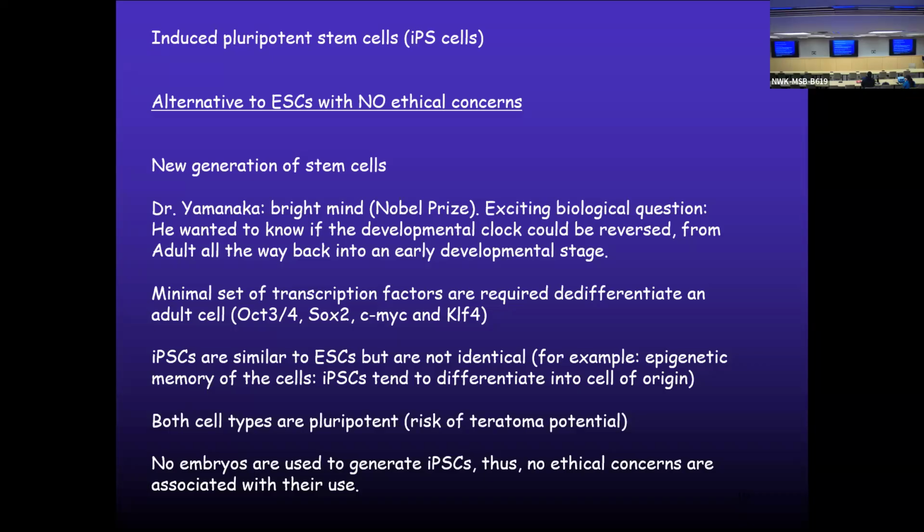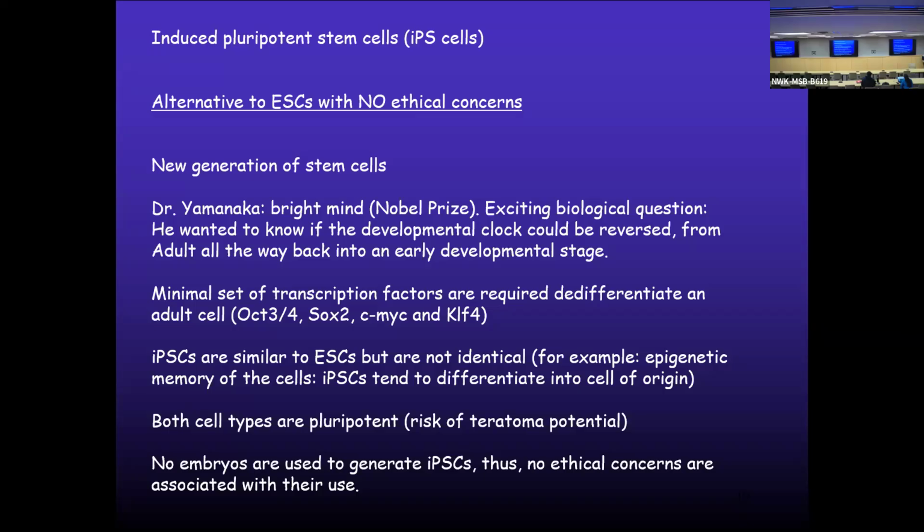So by doing this, he got stem cells that were similar to embryonic stem cells, but they were not embryonic stem cells because he didn't use any part of an embryo for this. He didn't sacrifice an embryo. He just converted one adult cell into an embryonic-like cell.